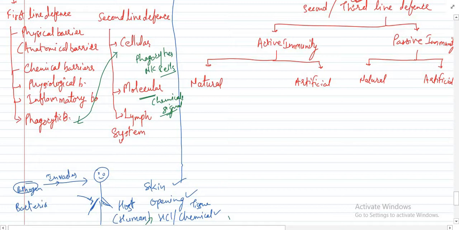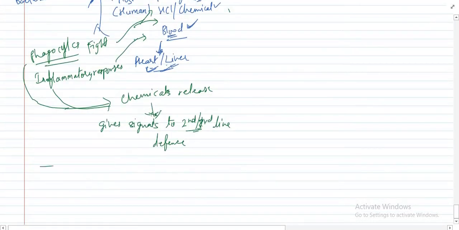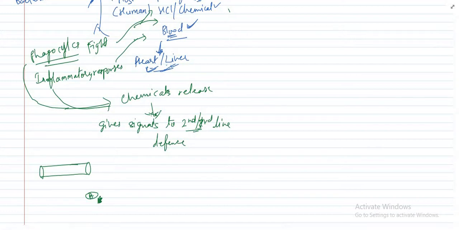Suppose there are phagocytes moving here in the blood, and suppose here is a pathogen. I am writing pathogen as B for bacteria. Now suppose this is a phagocyte cell.